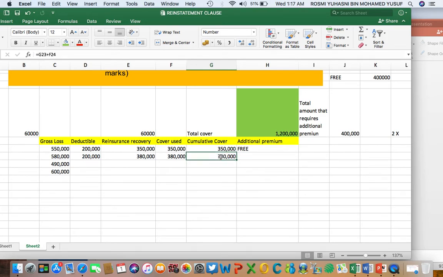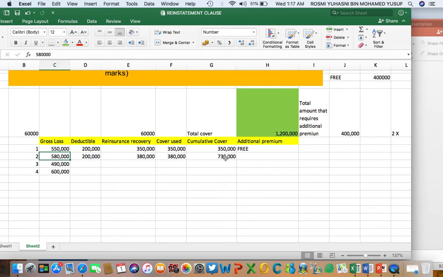So what does this 730 mean? Okay, focus. Listen carefully. This 730 means that the insurer has used up to 730,000 cover after the second claim. So we have first claim, second claim, third claim, fourth claim. After the second claim, the cover that they have used is 730,000.